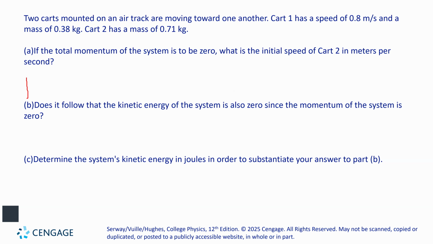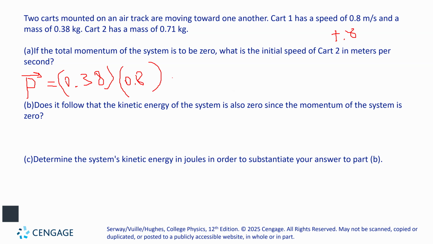So we know that the total momentum P, because we have 2 parts of the system, is going to be the mass of cart 1, which is 0.38 kilograms, multiplied by its velocity. I choose the velocity of cart 1 in one dimension to be positive 0.8, so we multiply by 0.8 meters per second.